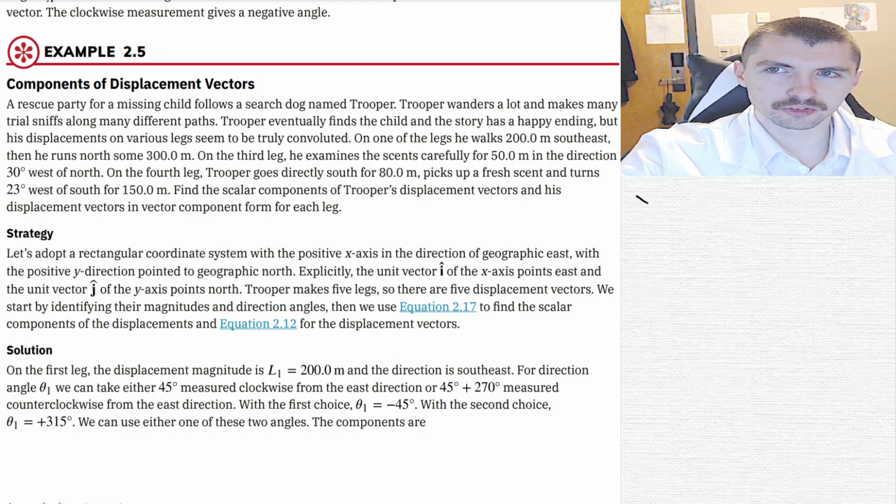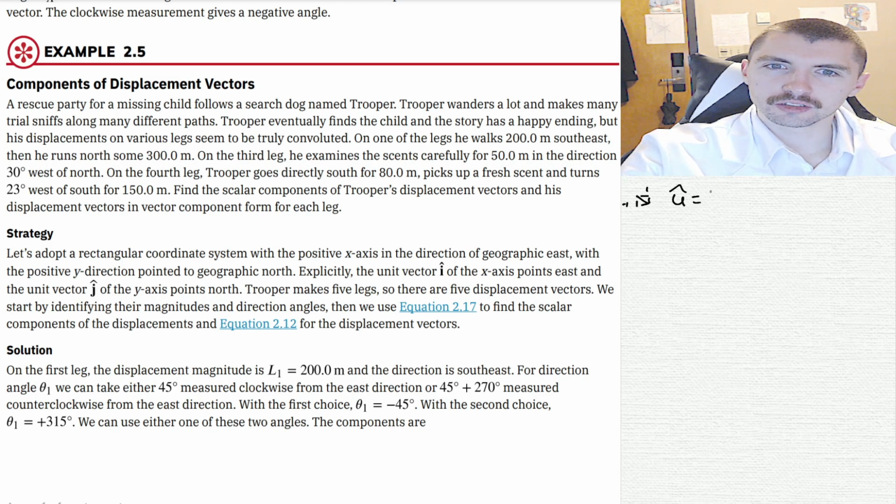Southeast is going this way, so that's going to be 1 in the x direction, -1 in the y direction. Let's make it easier: southeast hat is going to be 1, -1.